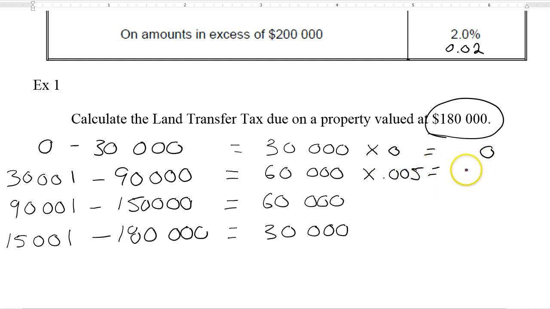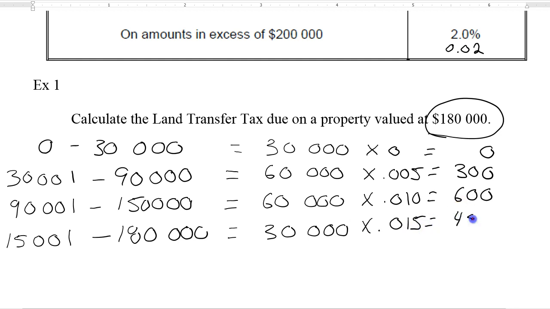When I multiply that through, that is $300. My third bracket is 1%, 0.01. Multiply that through, and I get $600. And my last bracket is 1.5% times 0.015, which is $450.